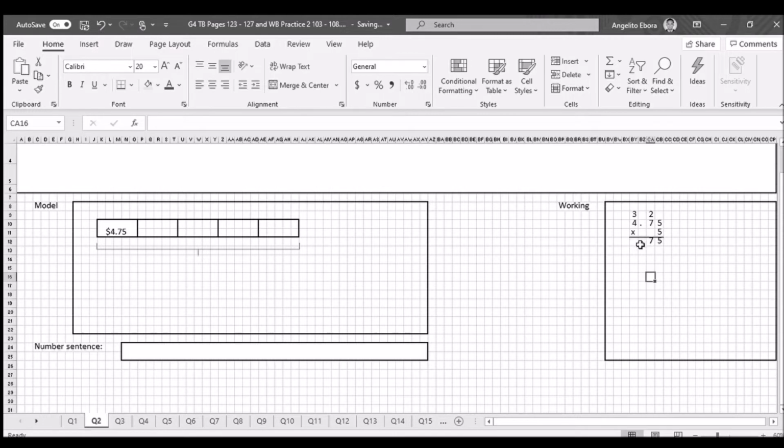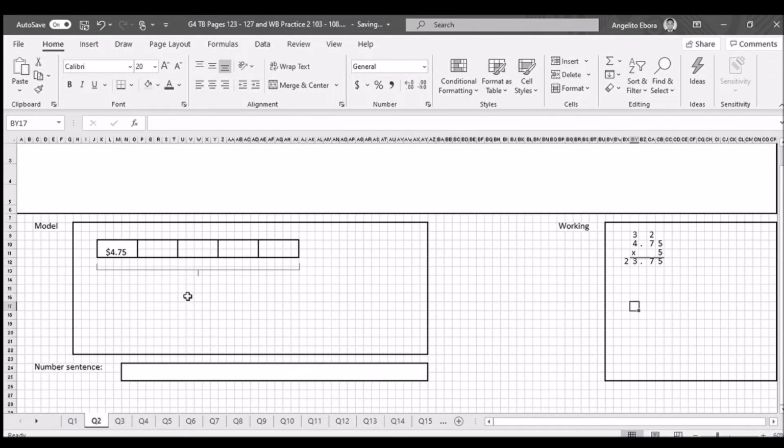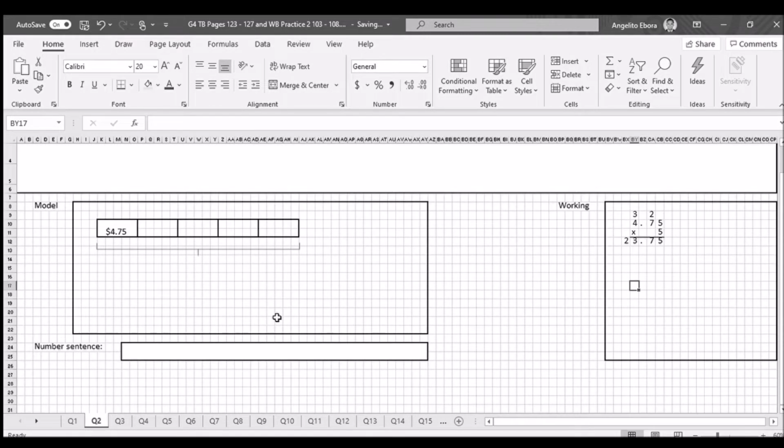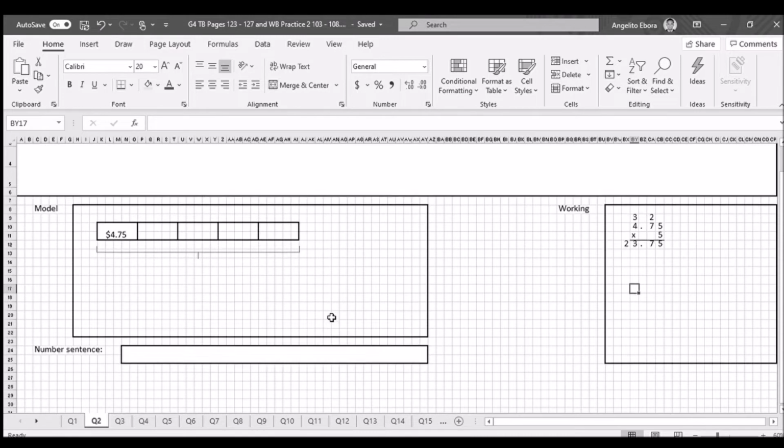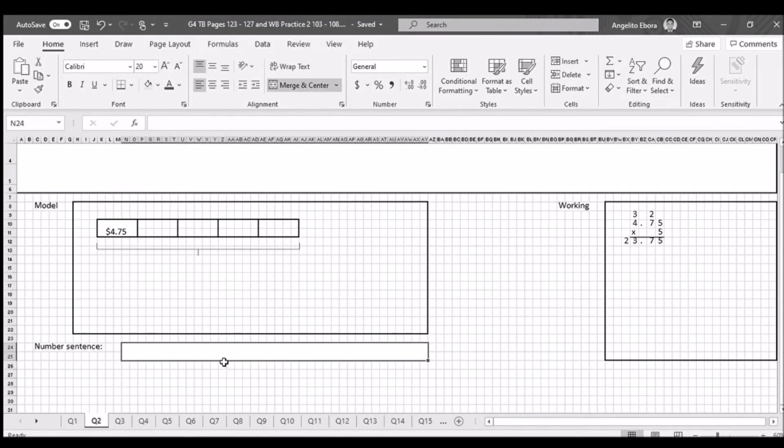Put 3, put the decimal there. And then 5 times 4 is 20, plus 3 is 23. So the cost of the 5 bangles is $23.75. So that's our first step.